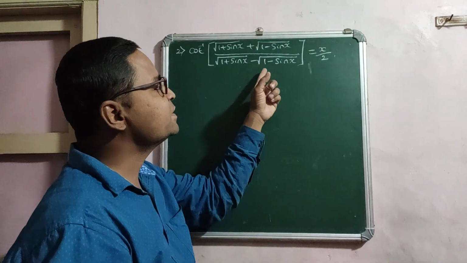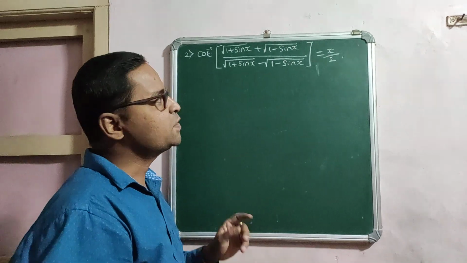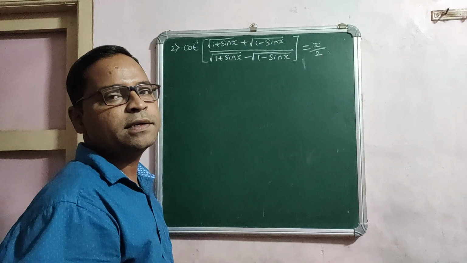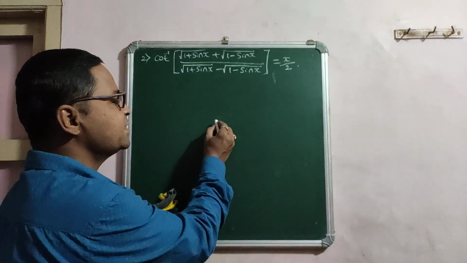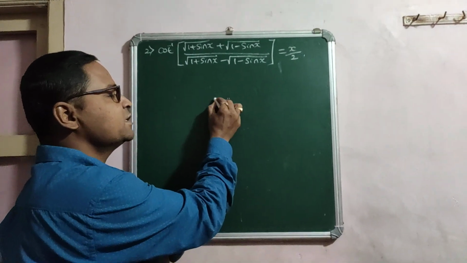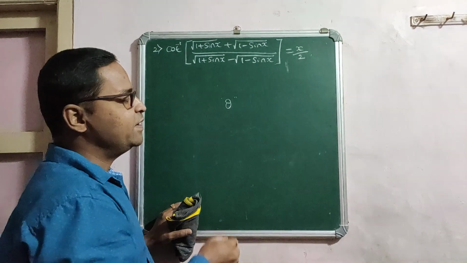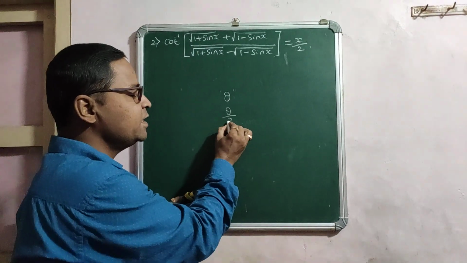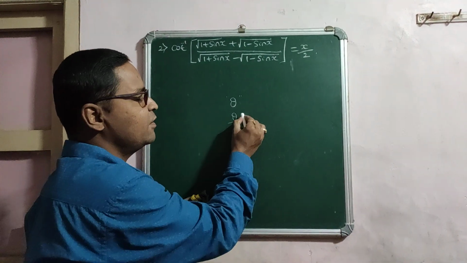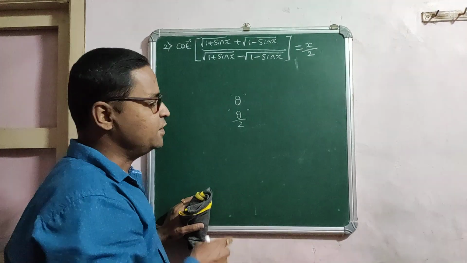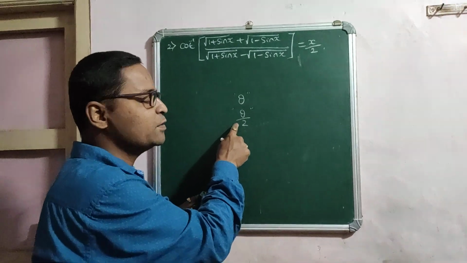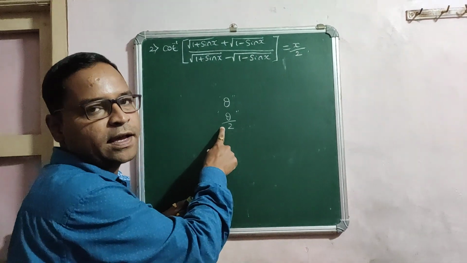Whenever we observe this problem, students need to remember that when we consider theta, it is nothing but an angle. When we consider theta divided by 2, it is nothing but a half angle or sub multiple angle. So, here we are required to prove the result in terms of half angle.